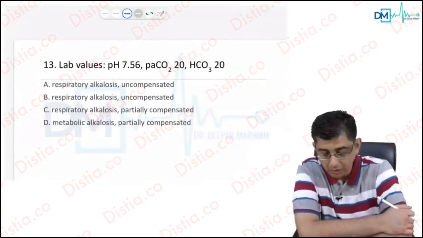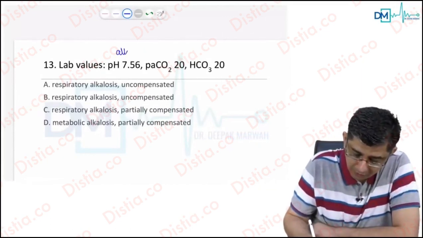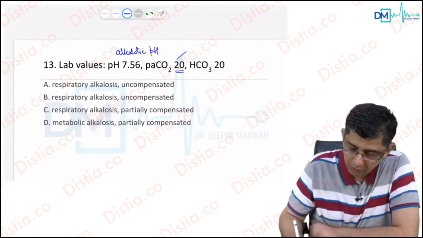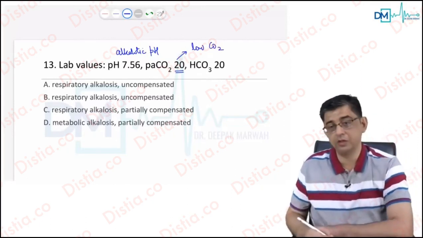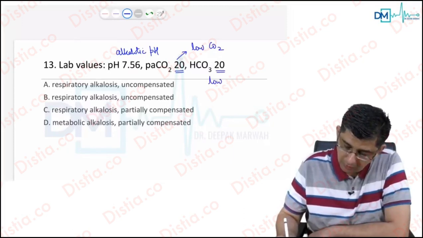Coming to the next question. pH of 7.56, what is the alkalotic pH? In this patient, the PCO2 is low, so probably a respiratory etiology, and the bicarbonate of the patient is also low.